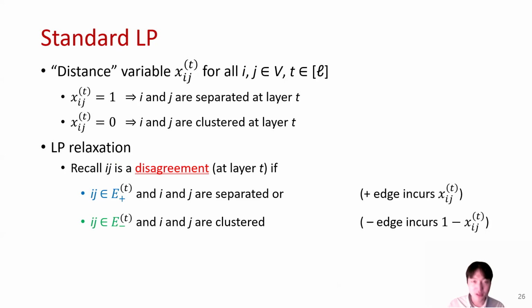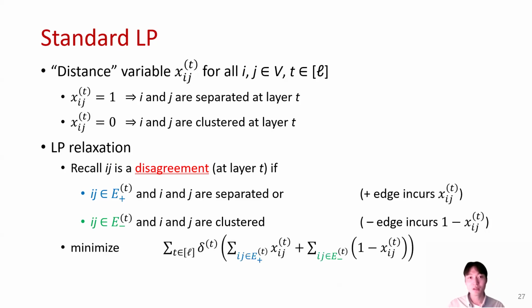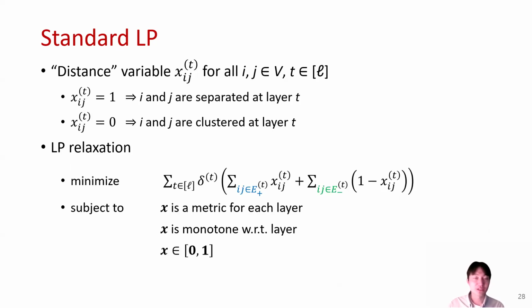So the fractional cost incurred by minus edges equals 1 minus the distance. So this is our objective. For the constraints, it basically says x is a metric for each layer, which implies x forms a clustering for each layer, and x is monotone, which implies x satisfies the hierarchical constraints.